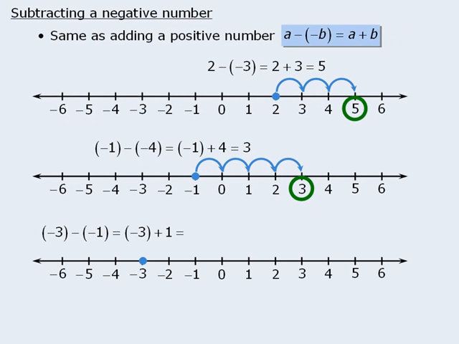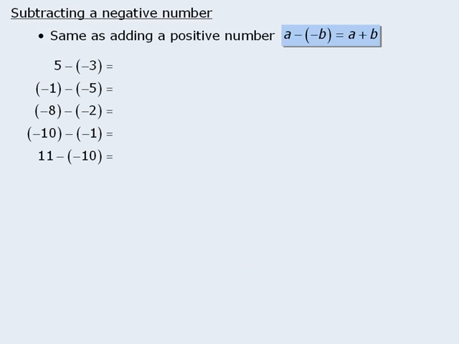Then we begin at the first number, which is negative 3, and move 1 space to the right to end at negative 2. So negative 3 minus negative 1 equals negative 2. If you want some more practice, try these questions here and see if you get the following results.